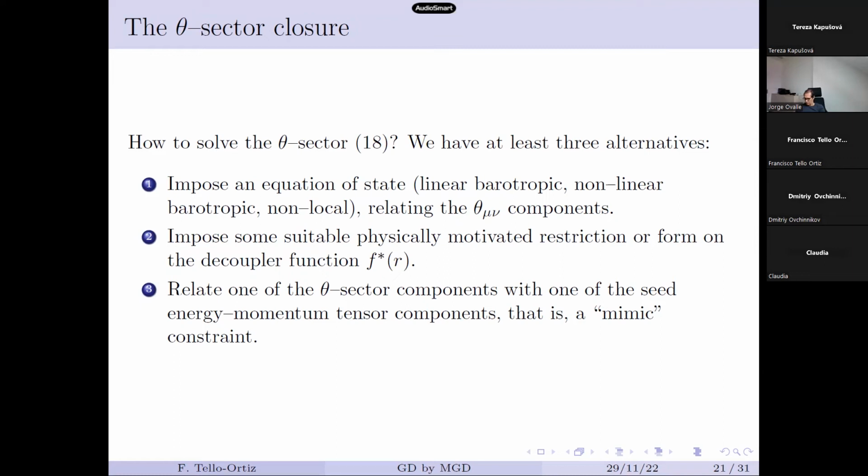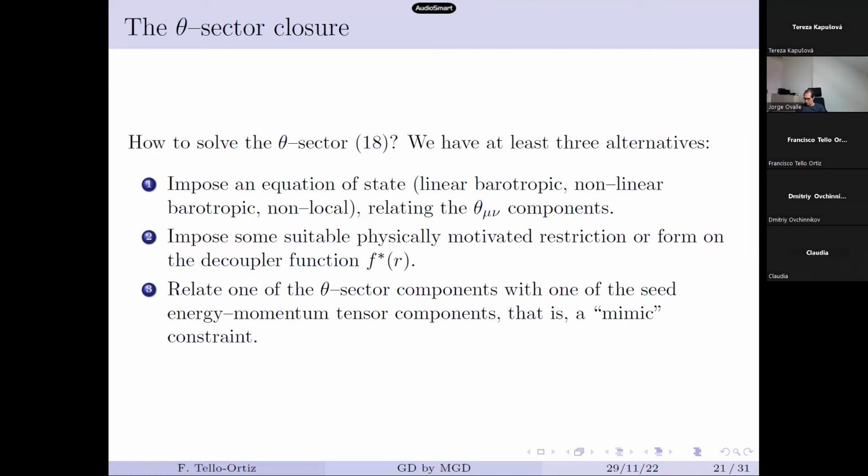And we have four unknowns and three equations. Mainly you have three alternatives, okay? The most commonly used in the literature. For example, you can impose an equation of state. You can impose, for example, a linear barotropic or non-linear barotropic, non-local equation of state, relating the theta components.